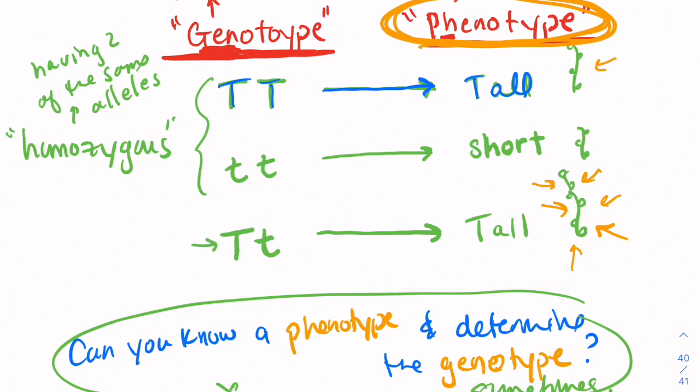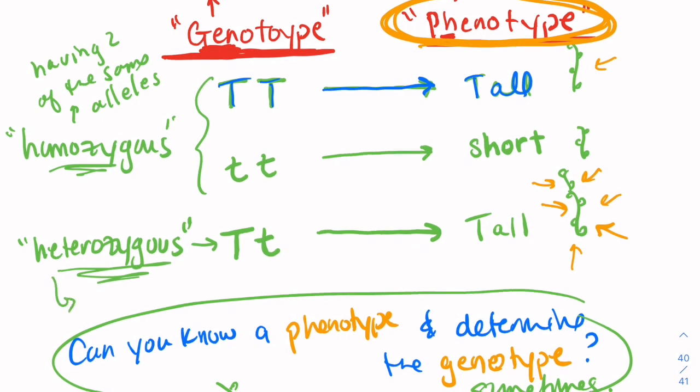But this one here, that's not homozygous. It has two different alleles. It has one of each. So it's not homozygous. We call it heterozygous. Homozygous means having two of the same alleles.